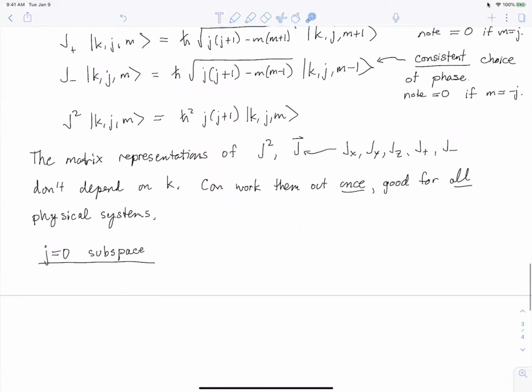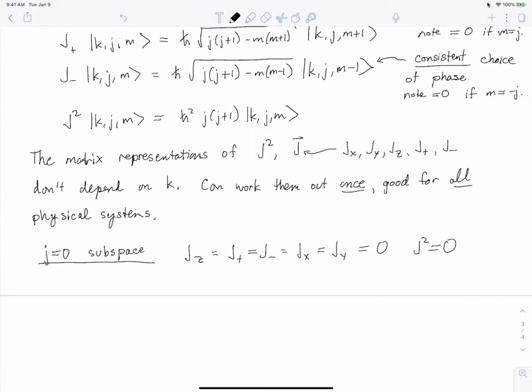That means J sub z and J plus and J minus, and I should write equals here, I guess. So J sub z, J plus, J minus, Jx, Jy are all just 0. J squared is equal to 0.